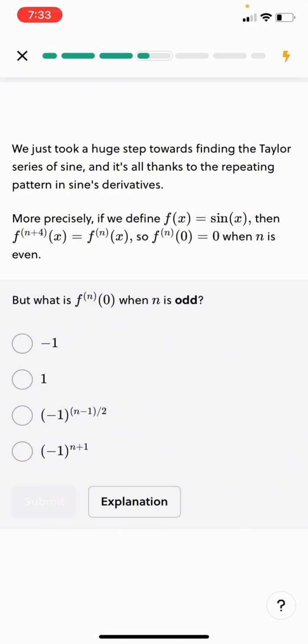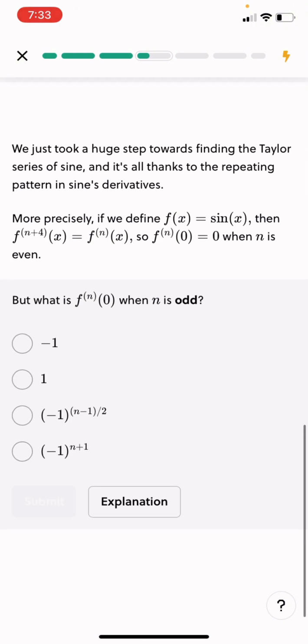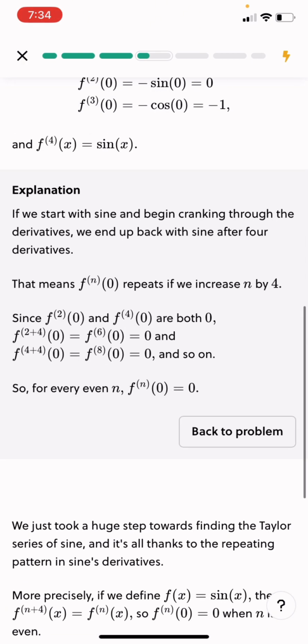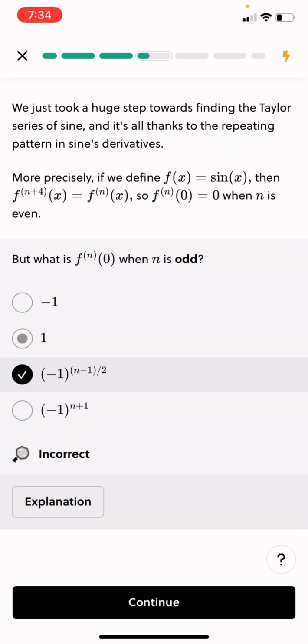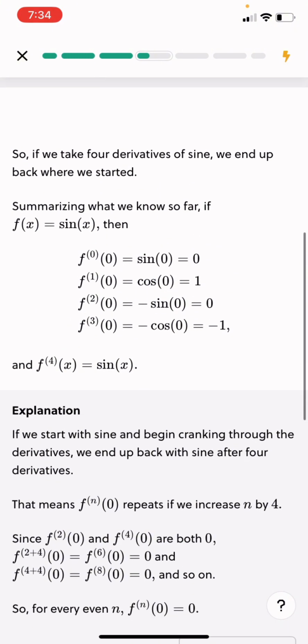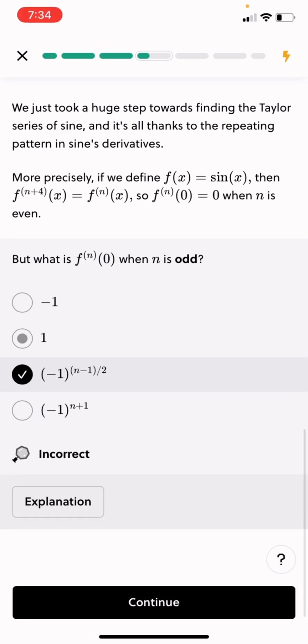It may be C or D, because if we solve it, we may receive the same exact answer. So (-1)^((n-1)/2). I believe it would be 1, since when cosine is negative, the 1 is negative. Oh, I guess that makes sense. I was thinking if cosine was positive, it would be 1, the negative cosine would be -1, so it would just be considered 1.